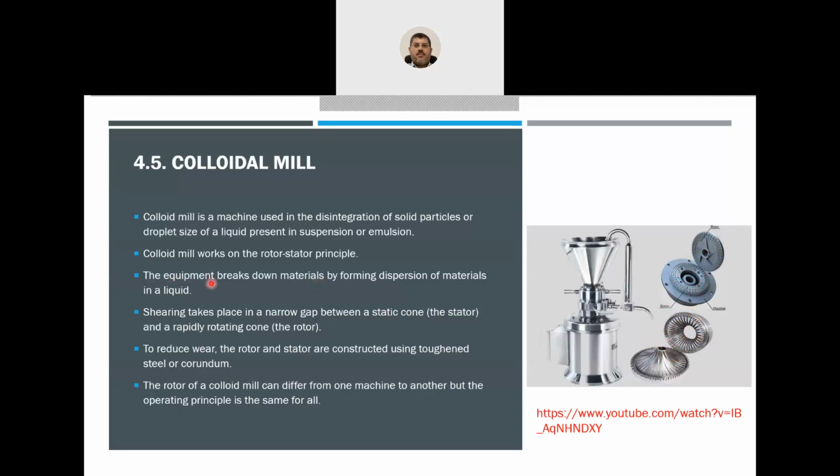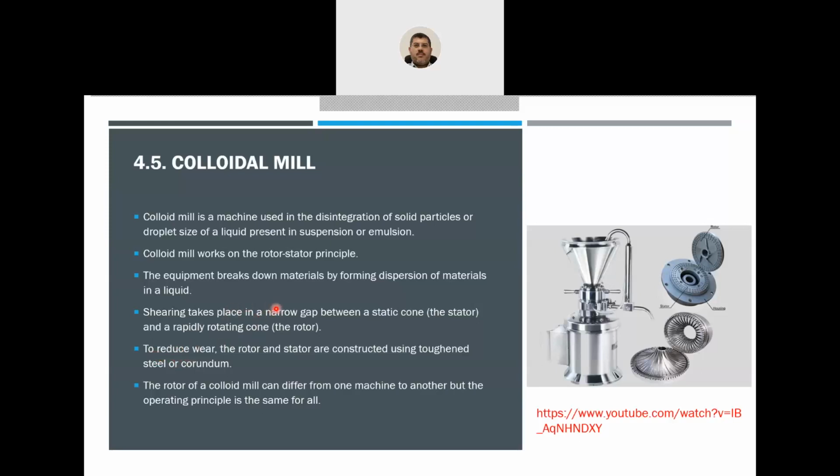The equipment breaks down materials by forming dispersions of materials in a liquid. The shearing takes place in the narrow gap between the static cone and the rotor. There will be shearing between these two parts, so this will cause reduction in particle size.